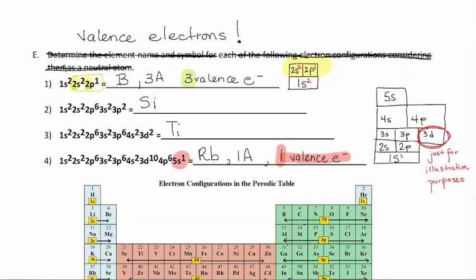So this is 2, 2, 6, 2, 6, 10, 2, 6, 1. So these are the valence electrons.